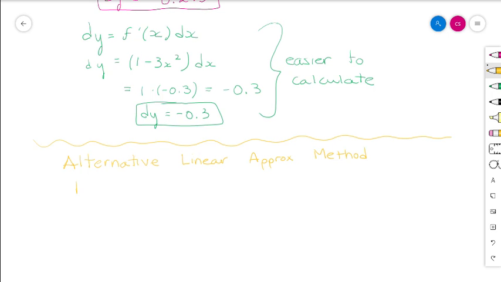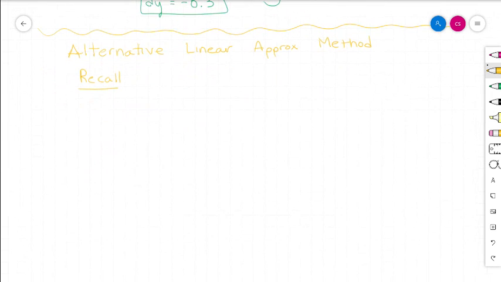Okay, so first of all, let's recall some of the work we've done in this section. We can approximate our function by using the tangent line. This is the formula for the tangent line at a, when x is fairly close to a.